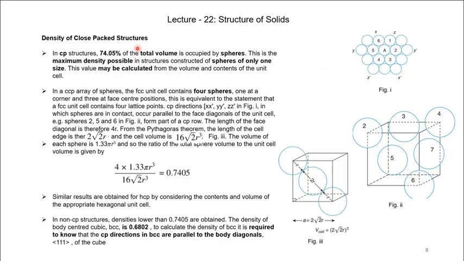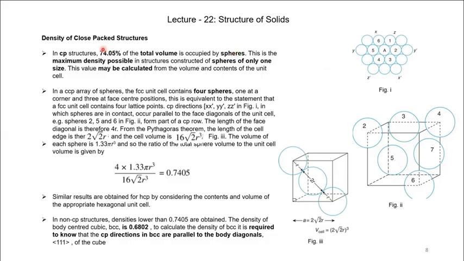Okay, with this slide, and the next slide, we will take, as I said in the beginning, the density of close-packed structure. We will see how we calculate the density of close-packed structure, and we come to this value, that is 74.05% of the total volume occupied by the spheres, both in hexagonal close packing and cubic close packing.